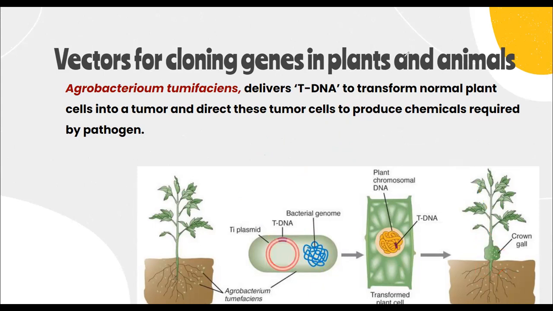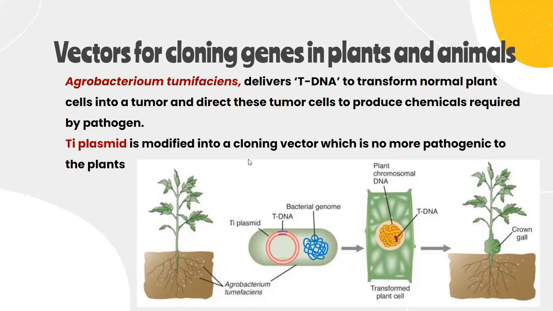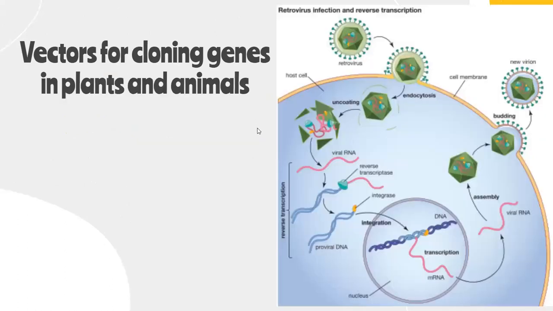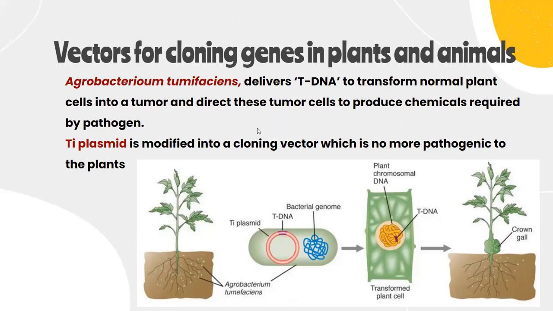So this proves a good vehicle, a good vector. Yes, so the Ti plasmid is modified into a cloning vector which is no more pathogenic to the plants. This is one of the most commonly used and easiest vectors.